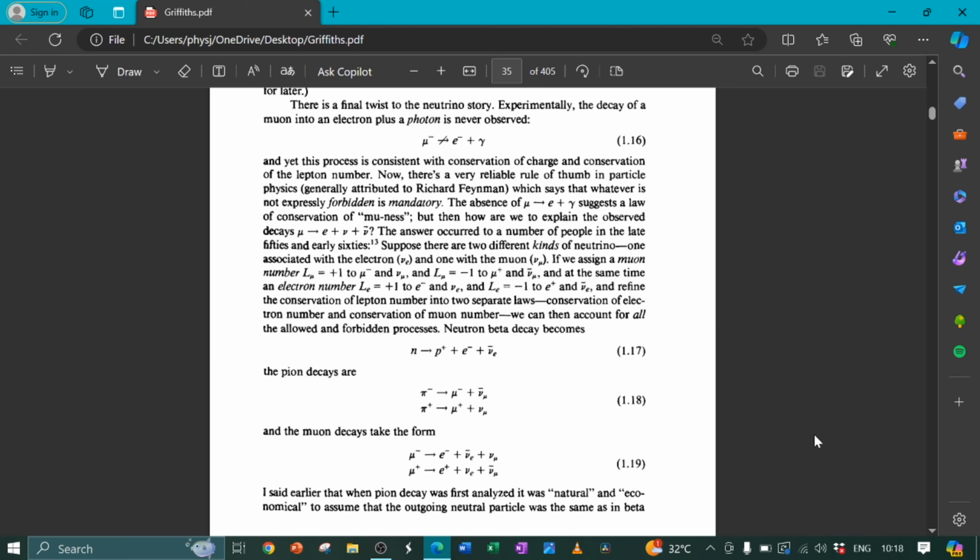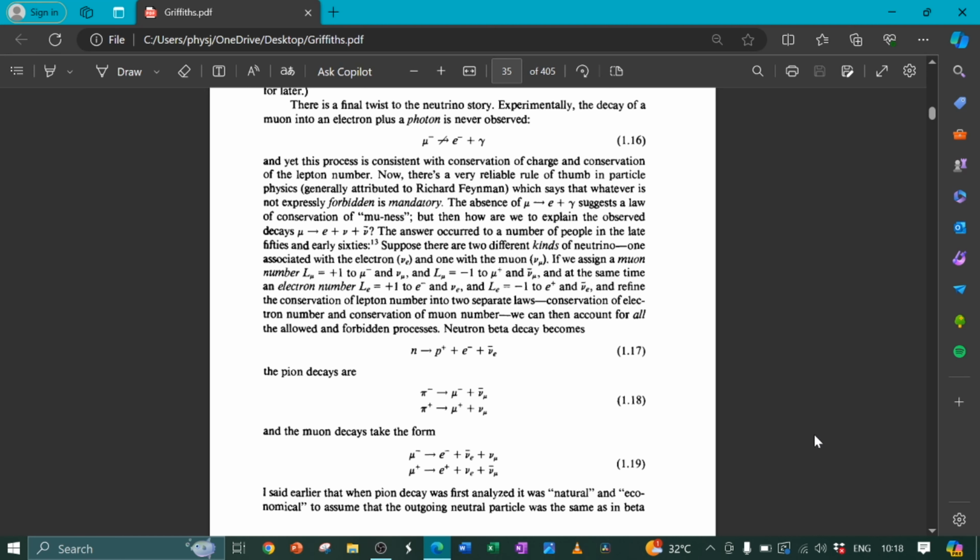The answer occurred to a number of people in the late 50s and early 60s. Suppose there are two different kinds of neutrino, one associated with the electron neutrino, and one with the muon neutrino.